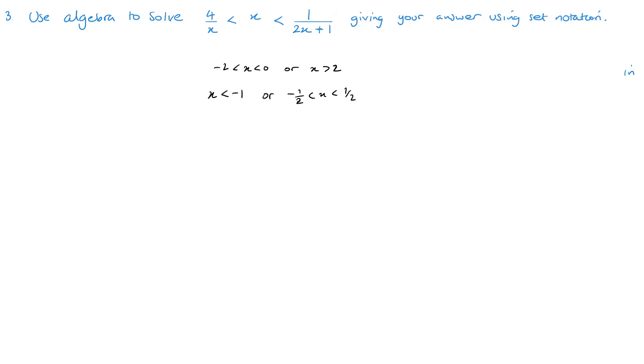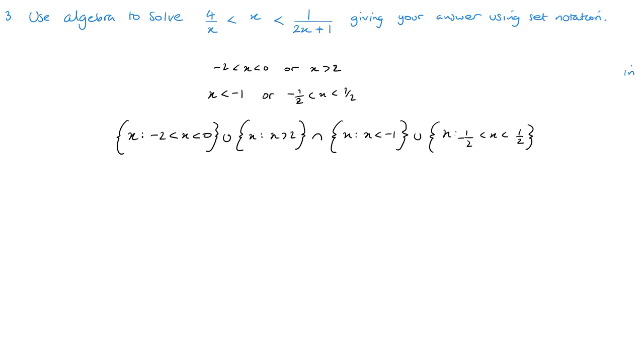And I've got to find the set of solutions now that work for both. Or in set form, I'm currently looking at this set of solutions must intersect with this set of solutions. So if I'm looking here first of all, I can see this is between -2 and 0, and this is less than -1.